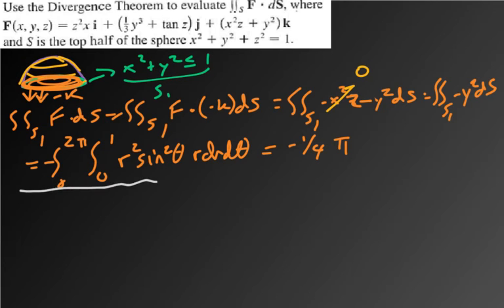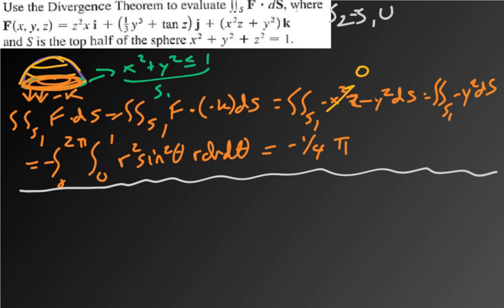So that's part 1. Now the idea is I'm going to let S2 equal S1, that disk, unioned with S. That now is one of these regions E, a simple closed region. You can basically think of it as a type 1 region. You can go from the disk up to the upper part of the sphere.